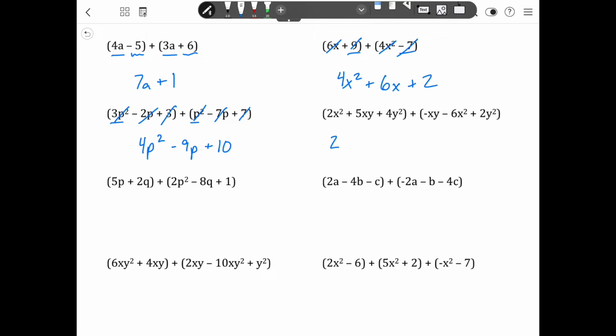On the next one, we have a bunch of stuff. We're going to start off with the x squareds. So we have 2x squared minus 6x squared, which is -4x squared. Then we have 5xy and -xy. So 5 minus 1 is 4xy.